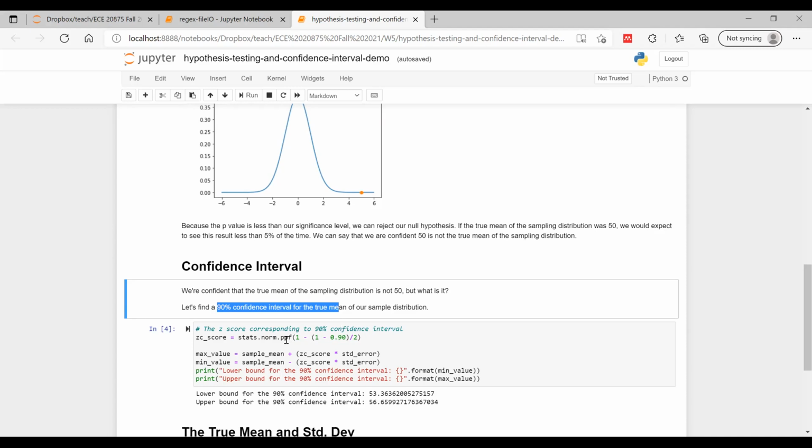So first, we need to compute the z-score. This is essentially to say, if I use my given sample mean as one side, I need to construct a Gaussian distribution. So basically, we are looking for the center.